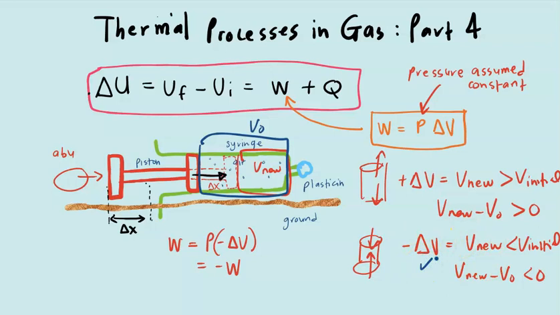If V new is smaller than V naught, then we would get negative change in volume. Okay, so this would give me a negative work done, which is not the case because we already discussed that our gas system is supposed to get positive energy. So how should I rectify this?